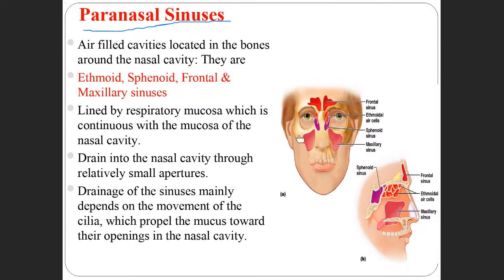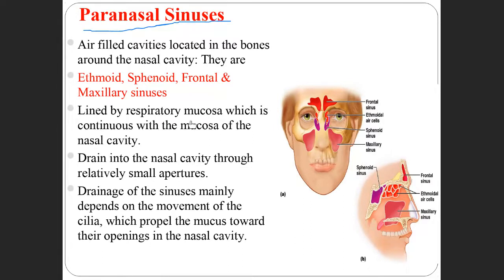That is why we should have very good hygiene for our eyes, nose and mouth, because all are interconnected inside. If there is any infection in this area, it transmits to other parts of the body very easily.